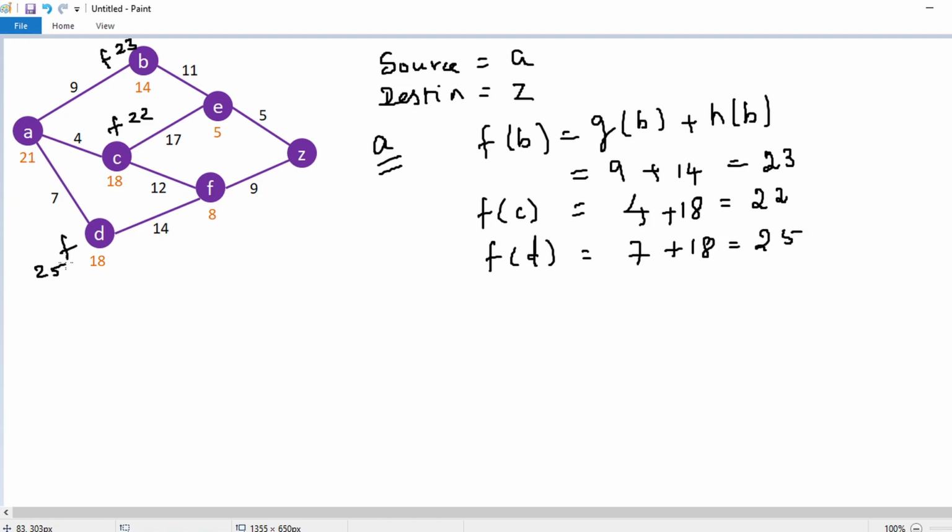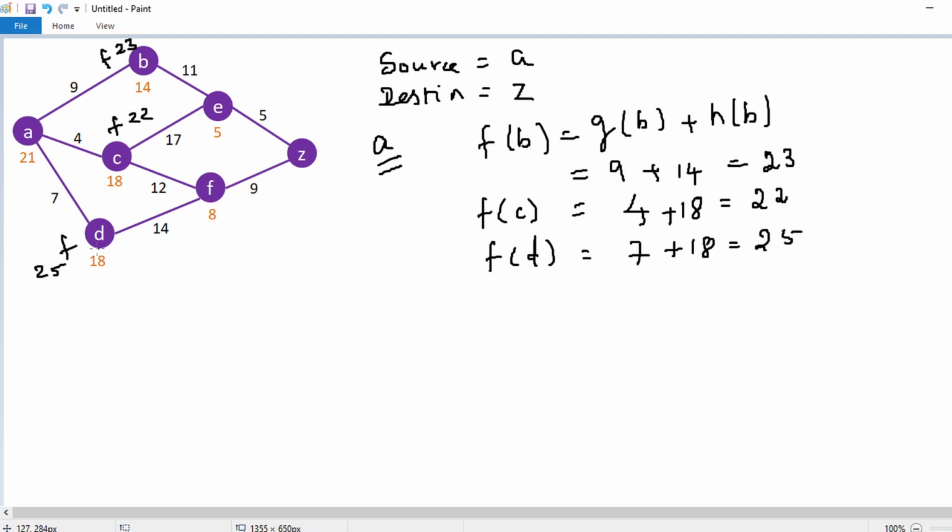So heuristics are given. Now what it is saying: if you take a path having B, at least 23 will be there, more than or equal to 23 once we are expanding the path. If you take a path of C, it is more than or equal to 22 cost.